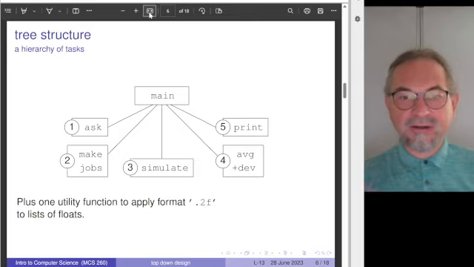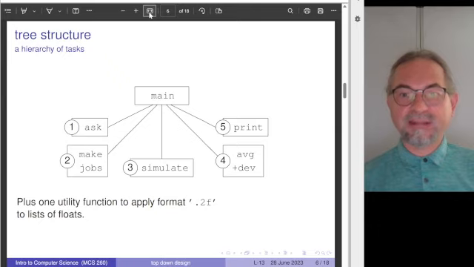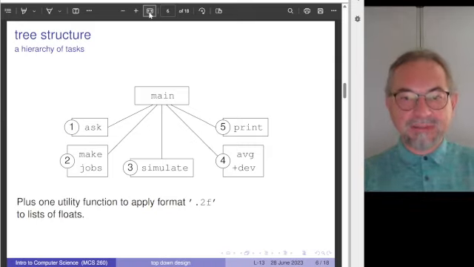Then there are several functions, and here they are labeled 1, 2, 3, 4, 5. This is also the order in which they are executed. It doesn't need to be that way, and the structure of this program is very simple. There are only two levels in the tree. But it's a picture, and it illustrates the simulate function that is sitting in there.